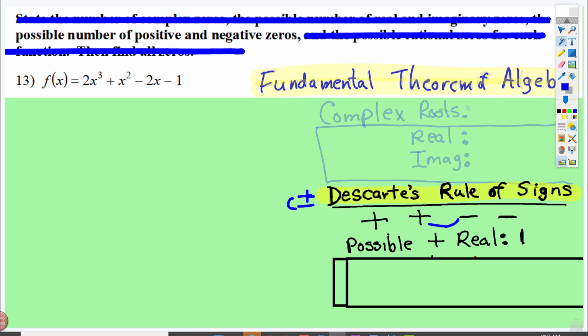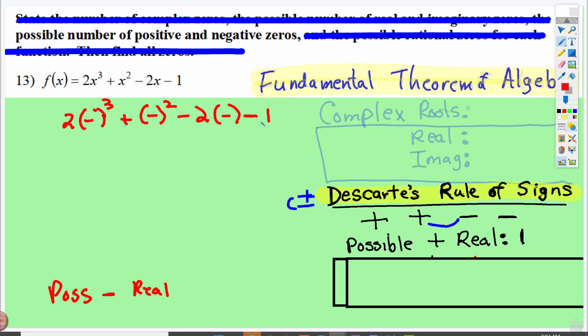Now the next tricky part, and this is where some people get confused, so stay with me. Now we're going to check for possible negative reals. So if we put 2 times negative x cubed, and I'm just going to put a negative in there, plus negative x squared, minus 2 times negative x, subtract 1. That subtract 1, there's nothing that's going to change that, so that negative sign will stay.